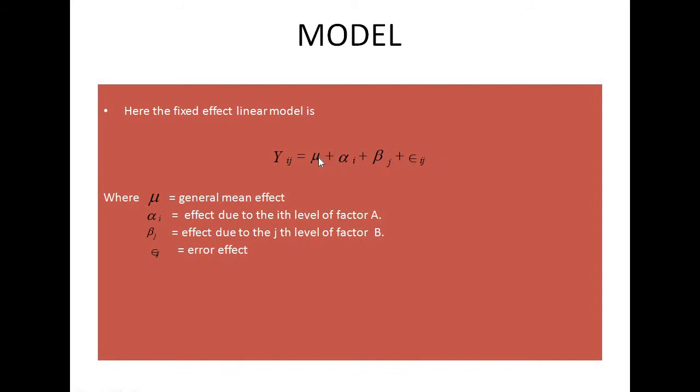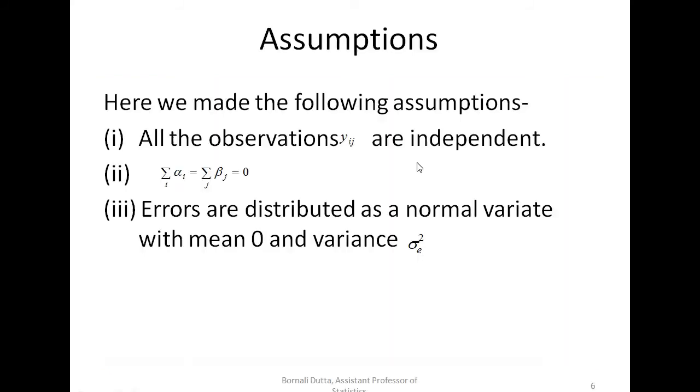Here mu represents the general mean effect, alpha i represents the effect due to different ith level of factor A, and beta j represents the jth level of factor B and epsilon ij represents the error effect.